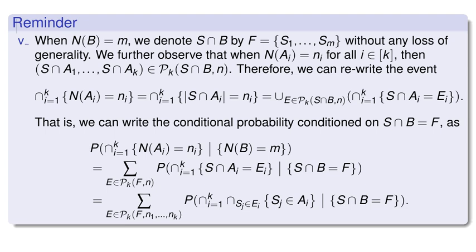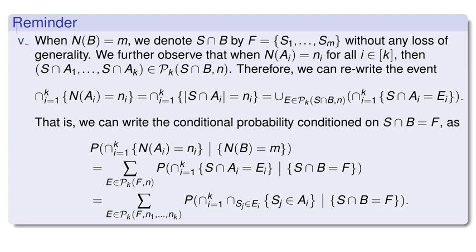That is, we can write the conditional probability conditioned on S intersect B being a specific set F of m points as the probability of the intersection from i equals 1 to k of N(A_i) equals n_i given N(B) equals m.